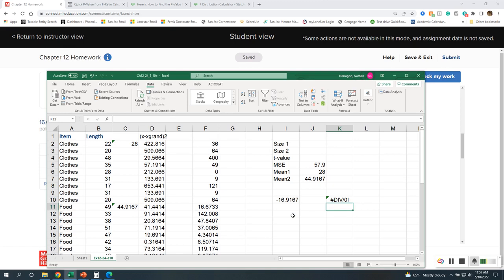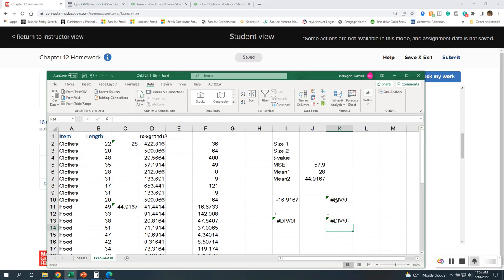Okay. Then we have our positive and our negative. Again, you can set up the table however you like. So this is going to equal wherever this is plus this. And this is going to equal this minus this.